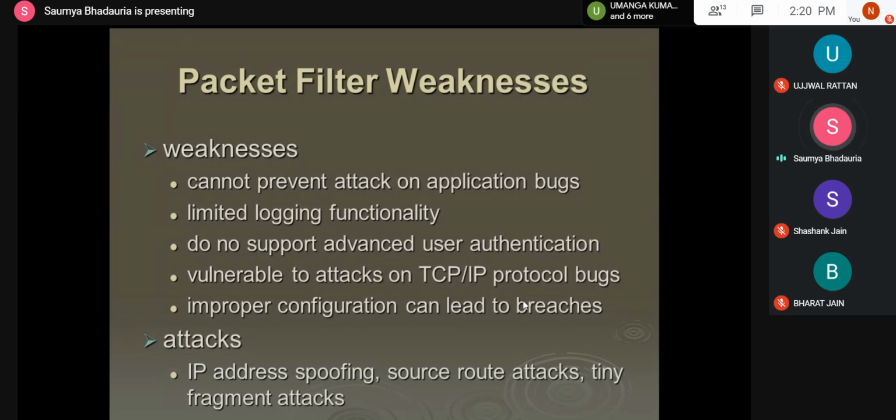Clear? So if your IP header is divided along with the fragments, normally the entire TCP header information is only part of your first packet. The rest of the packets have the other information which is required.